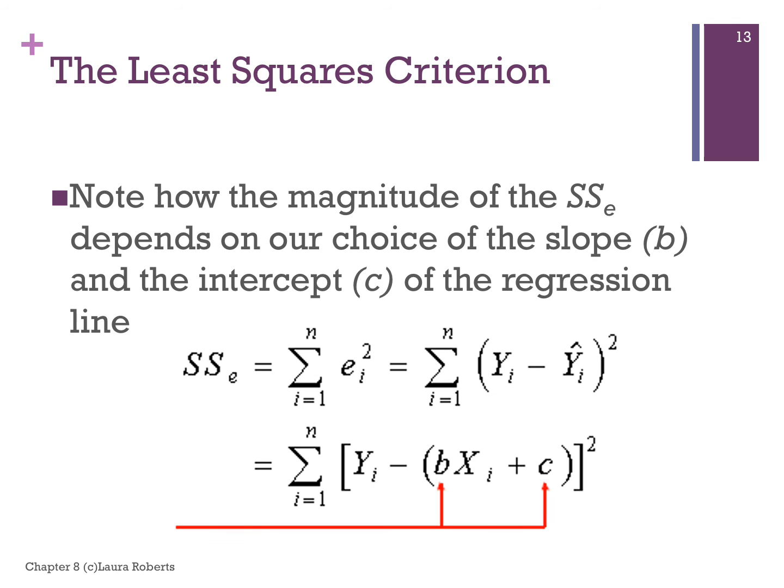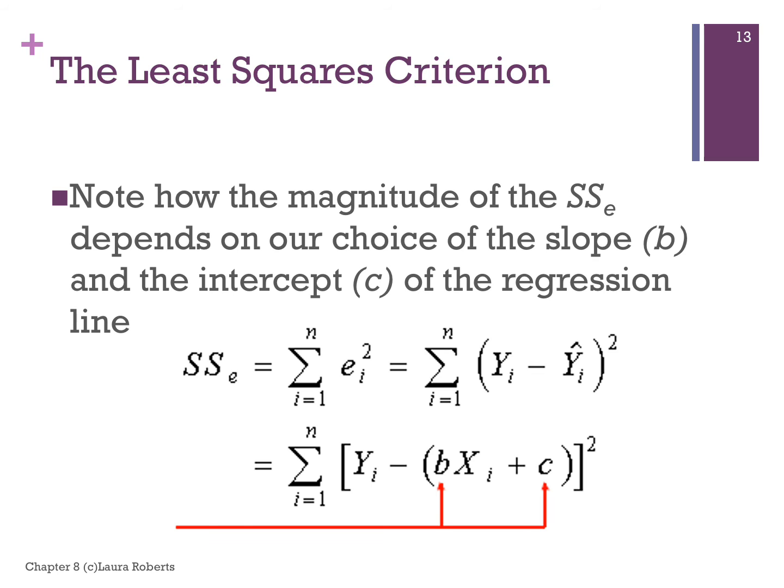Here we substitute y sub i minus y hat sub i, squared, for the value of e sub i squared. When we substitute b times x sub i plus c for y hat sub i, we already established equivalence that lets us do these substitutions.